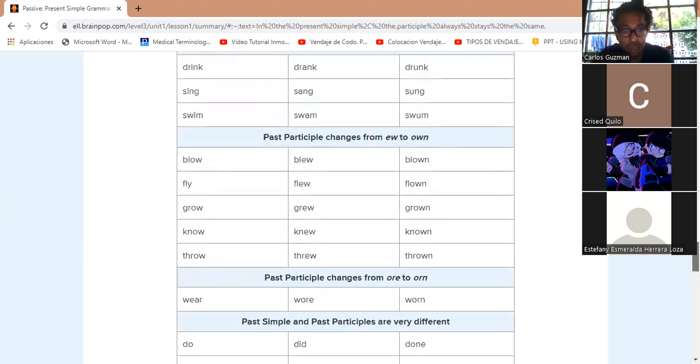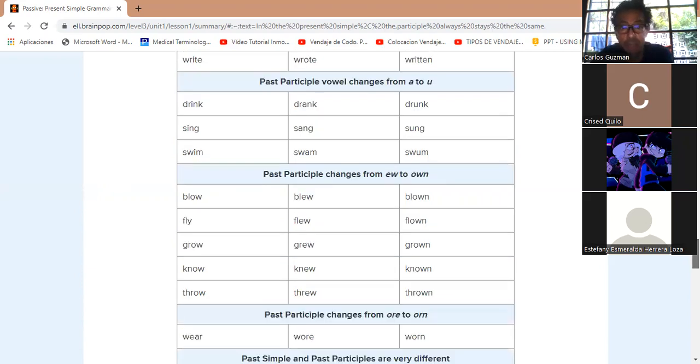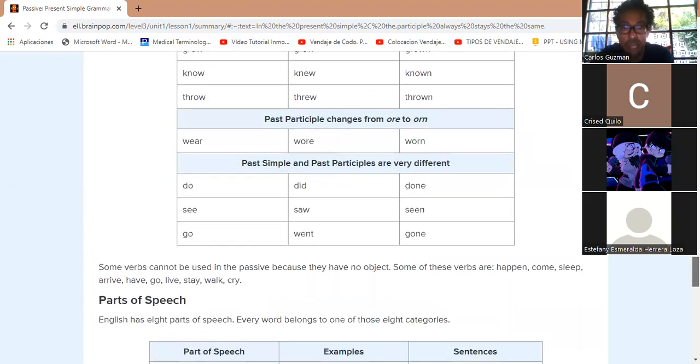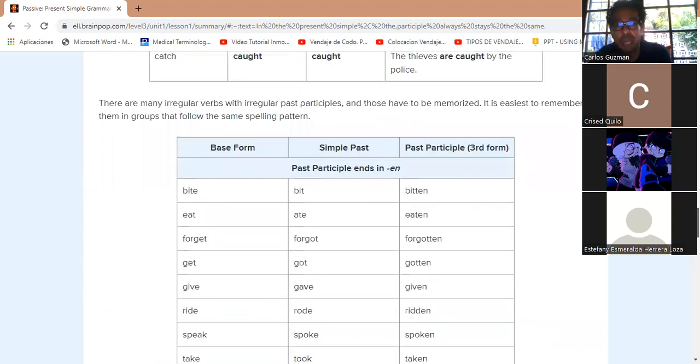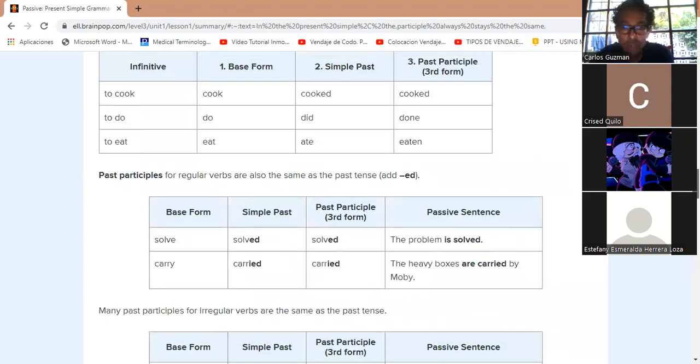You know how to see the verbs that finish in w are changed to wn: blew, blown, flew, flown, right? Grew, grown, and stuff like that. So those are the main verbs. It's good to have these charts. Just take a look, maybe get to know a few of these verbs that way.